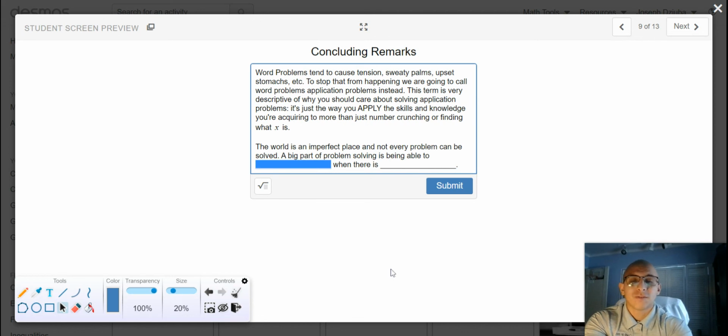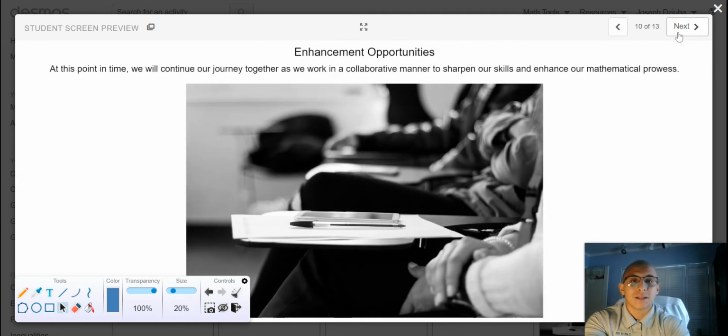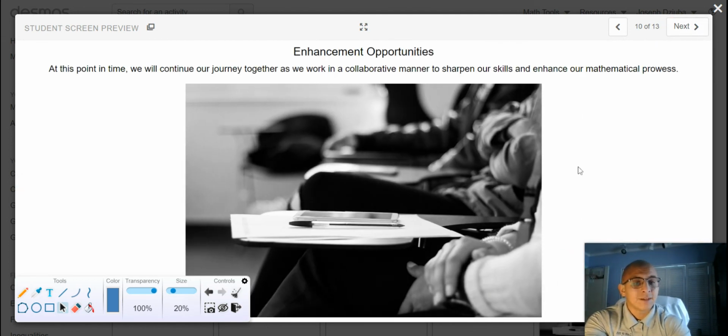A big part of problem solving is being able to identify when there is simply no solution. So keep those things in mind, and we'll have a conversation about this tomorrow after you've made your way through this content, during class when we're collaboratively working to make our way through these enhancement opportunities.